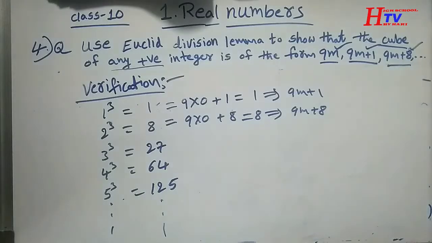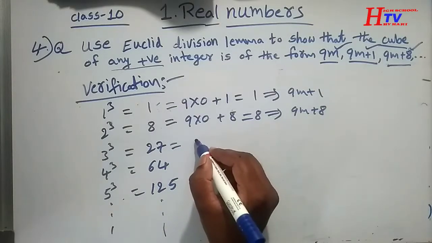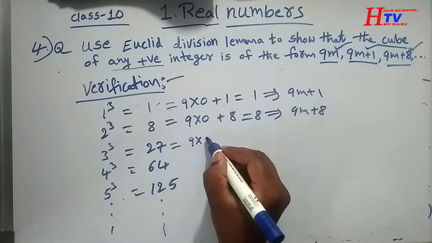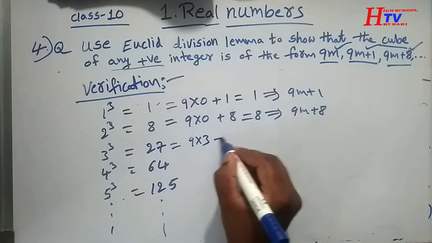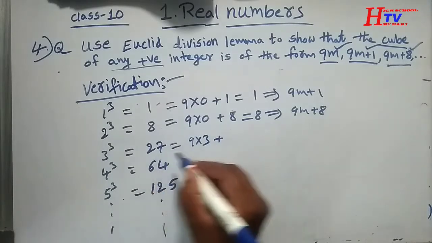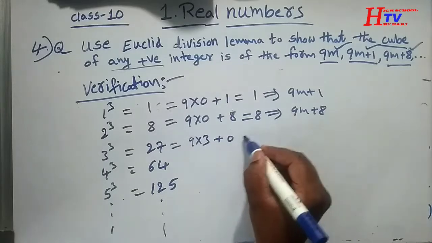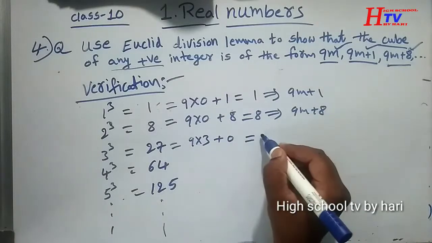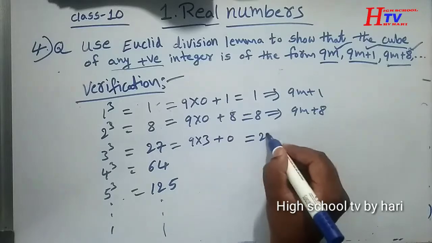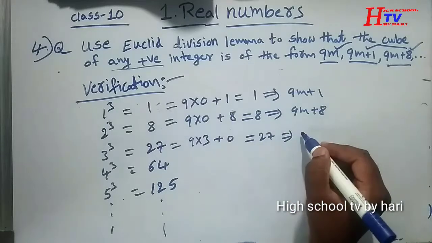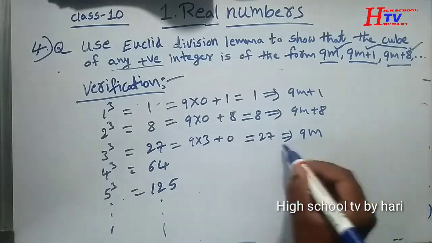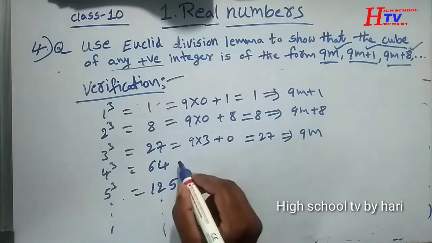Third one, 27, it can be written as 9 into 3, 9 3s are 27, completed, plus remaining nothing, means 0. It is 9 into m simply, the first form.